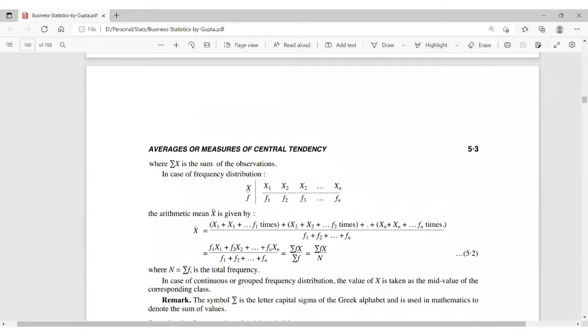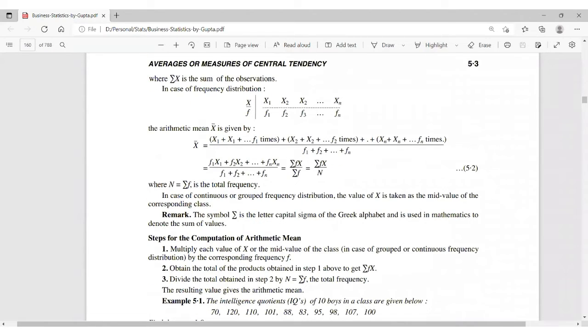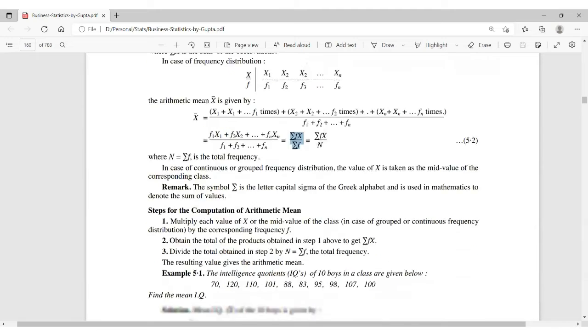X and F. We write the formula as summation of fx upon summation of f. Summation of fx upon summation of f.